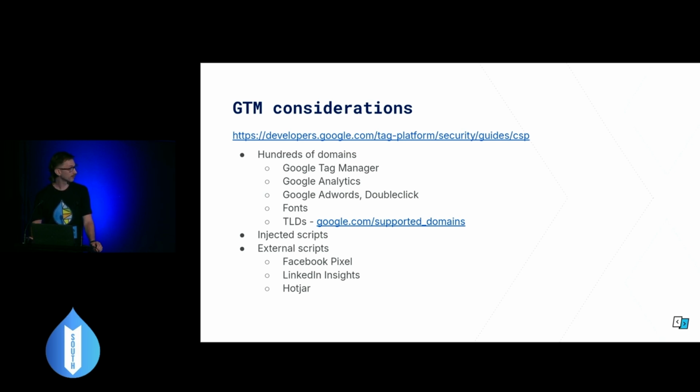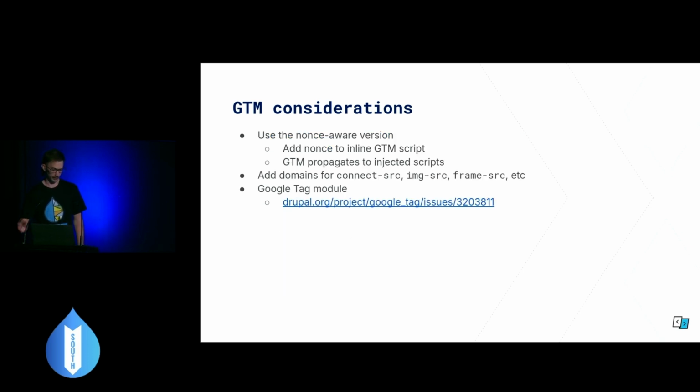With GTM, as I said, whoever controls it can inject inline scripts into your site. They can also load external scripts: Facebook tracking pixel, LinkedIn Insights, Hotjar. But Google recommends a nonce-aware version of the GTM script that you put at the top of every site.